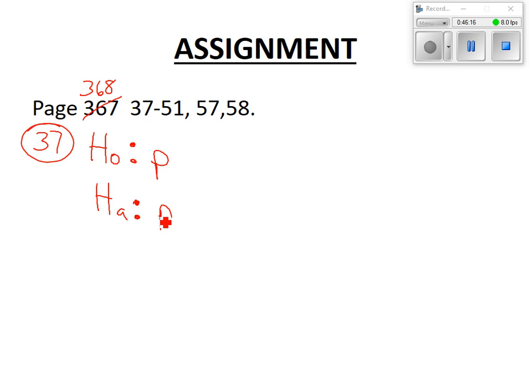Is it less than or equal to, greater than or equal to? Greater than or equal to 0.14, and that's our claim. What's going to be our alternative hypothesis then? P is less than 0.14.